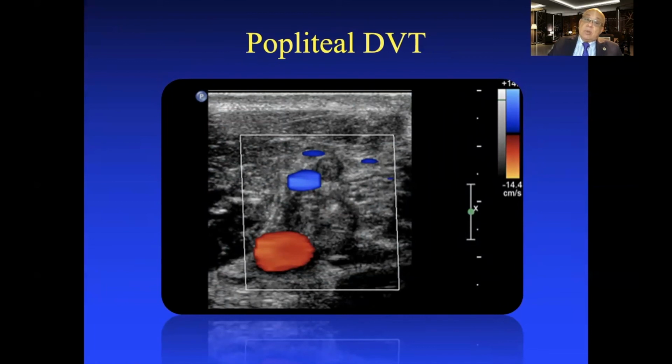This is an old thrombus, the popliteal vein with medium echogenicity, high echogenicity inside. And we have here two muscular veins. One is patent. We are seeing here color Doppler.